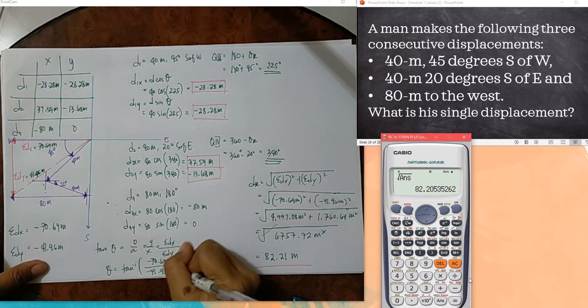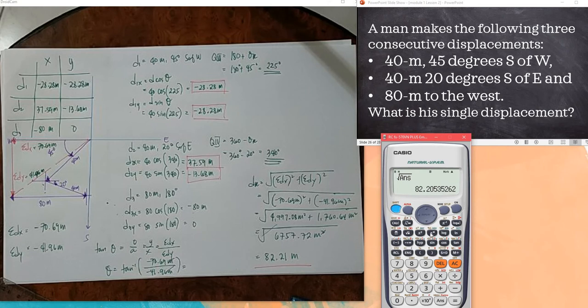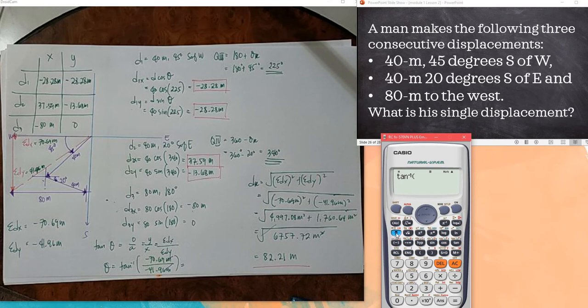The units cancel. So shift tan, negative 70.69 over negative 41.96. That is equal to 59.31.